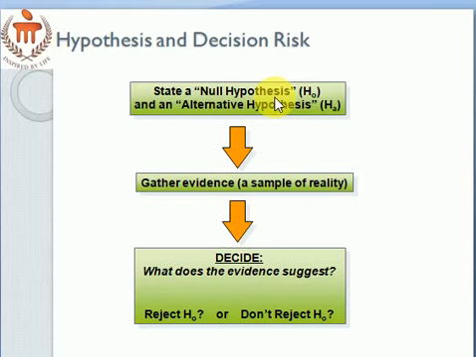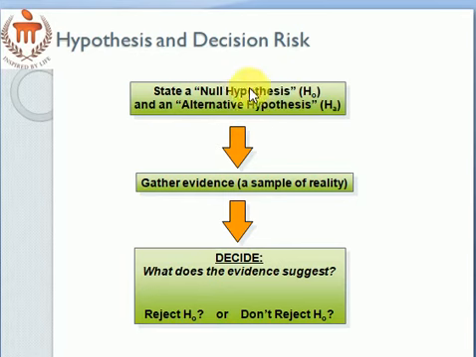Your null hypothesis is that the mean diameter of the shaft you are producing is, let us say, 15 centimeters. So your null hypothesis will be x bar equals 15, and the alternative will be x bar is not equal to 15. I will show you some examples of null and alternative hypotheses also.